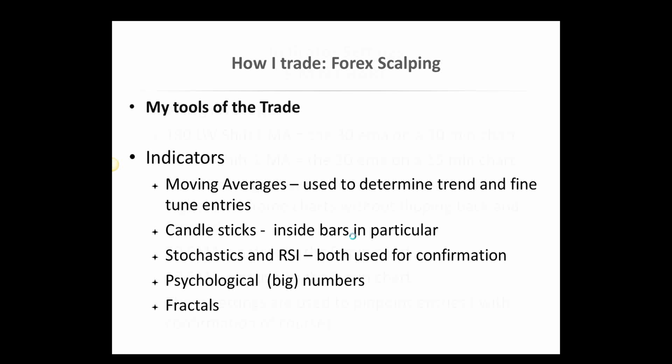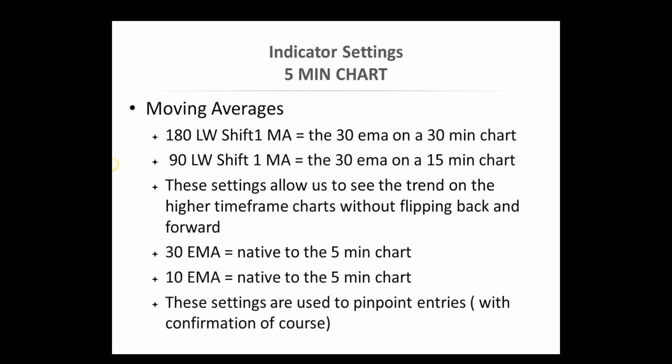Let's see if I'm doing this right. All right, and these are my settings for my moving averages. The 180 linear weighted, shift 1 MA equals the 30-minute 30 EMA on a 5-minute chart. So when you're looking at a 5-minute chart, you know what a 30-minute chart is looking like with that 30-minute EMA.